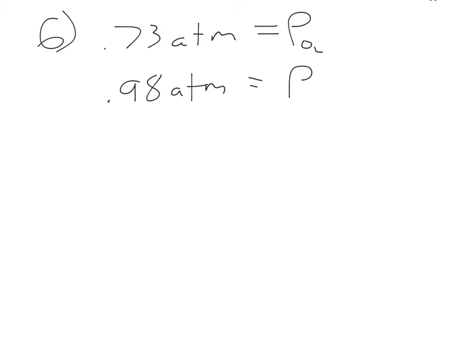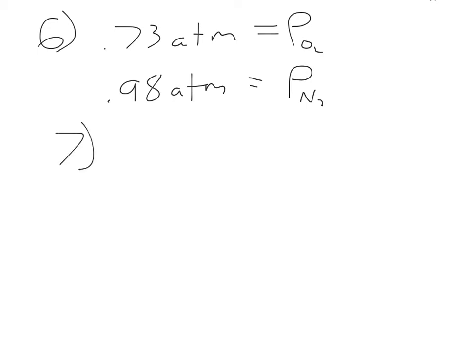So the pressure of nitrogen there will be 0.98. So I'm going to call that the pressure of N2. Alright, so those are the partial pressures of O2 and N2 that would exist in tank C at the same time.